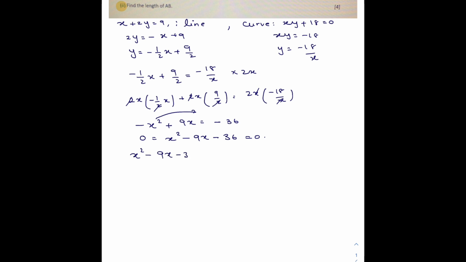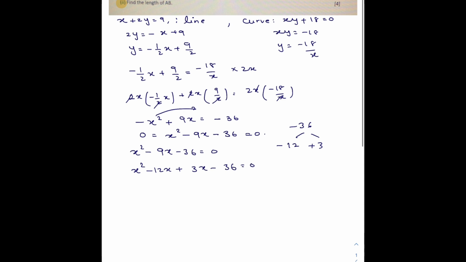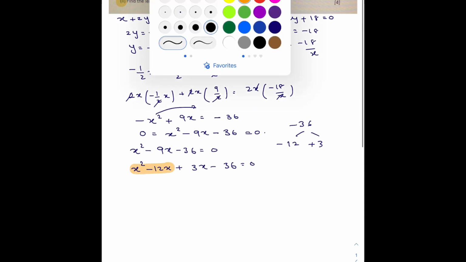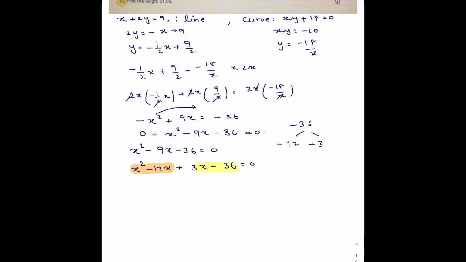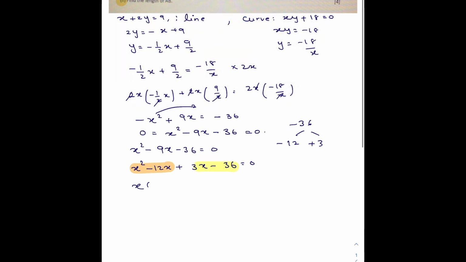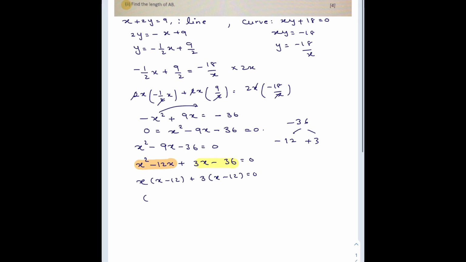So now I need factors of 36 to give me 9: 12 and 3. So that's x squared minus 12x plus 3x minus 36 is 0. I take these two and these two together. So that's x minus 12 plus 3, x minus 12.